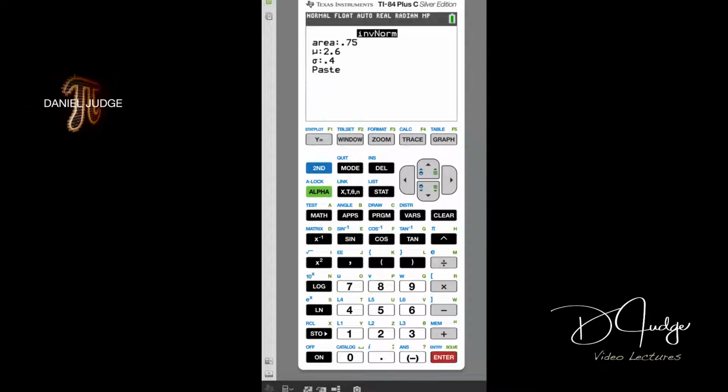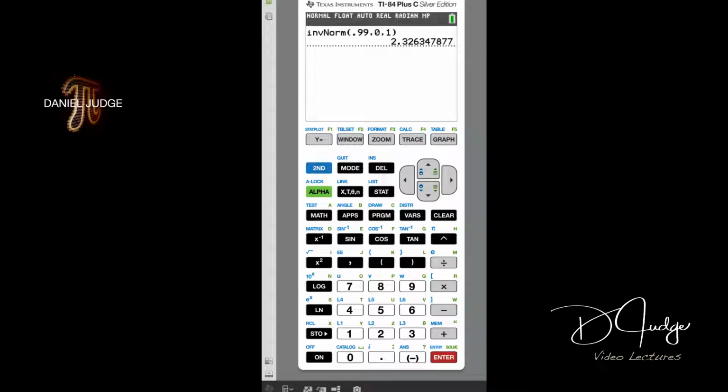Is the plus version the default? Maybe you have the plus version. Notice you don't have that left, right, center information for inverse norm here. So that's what I mean. You use the left. That's your default. Mean is 0. Standard deviation is 1. We're going to paste that in now.